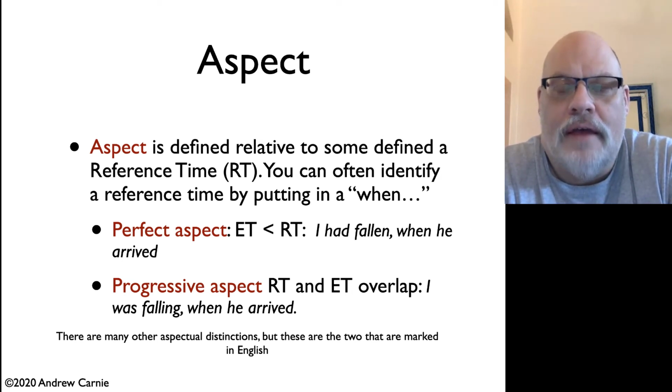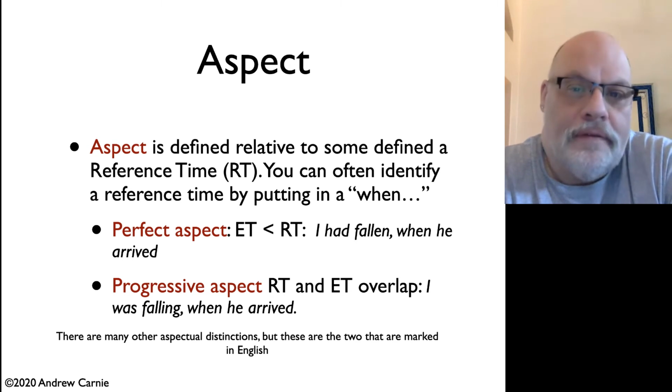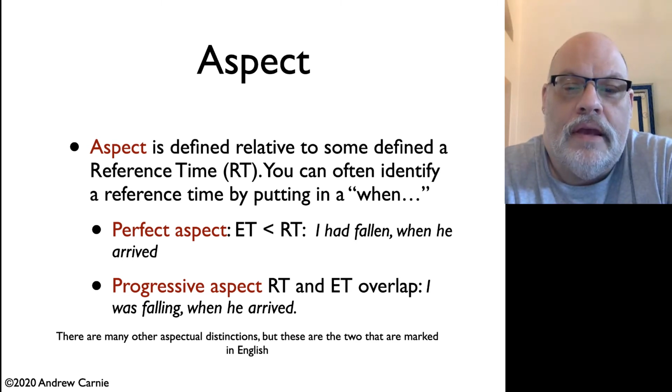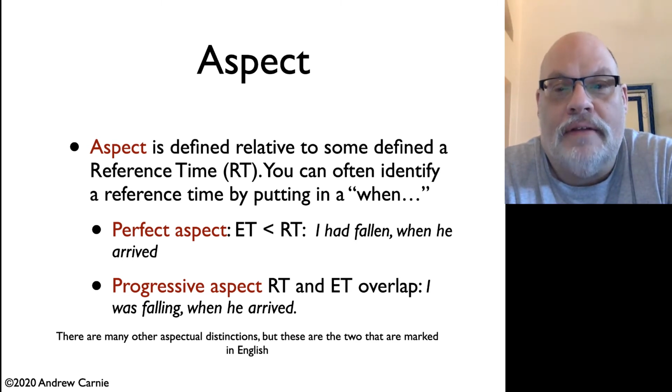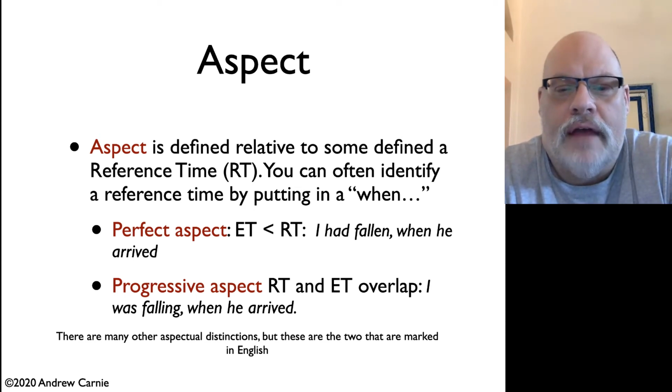So the event time happened before the reference time being when he arrived. The progressive aspect is when the reference time and the event time overlap. So I was falling when he arrived. I was still falling during his arrival. So that is a case where the reference time and the event time overlap.